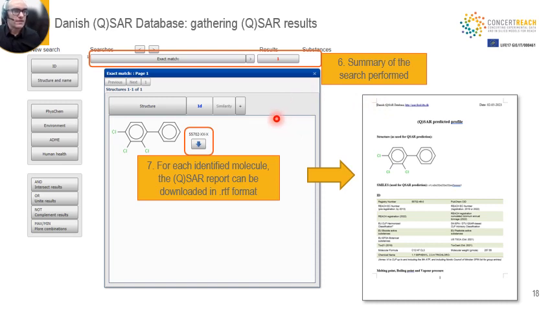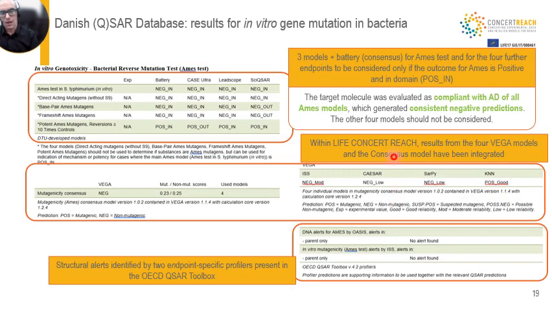If the target molecule is included in the database, as in our case, then it is possible to generate and download a report including all the more than 200 QSAR results. And what we see here is a cover page. Coming to the results for in vitro gene mutation in bacteria, as mentioned at the beginning, we have multiple statistical models for Ames test and the different mechanisms, and also the battery.